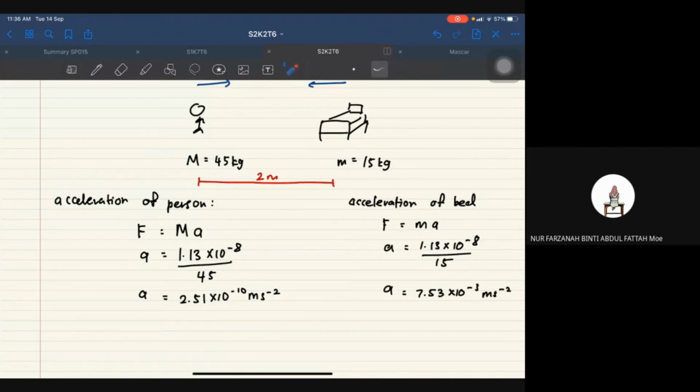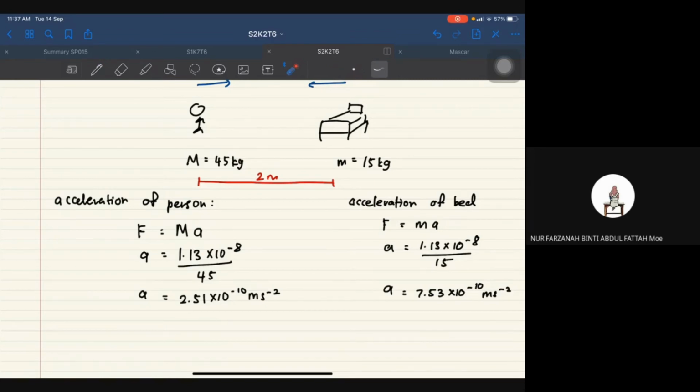So you can see here, by logic, a lighter object will have higher acceleration, right? If you apply the same force lah. But still, this is a very small number. 2.51 times 10 negative 10 and 7.53 times 10 negative 10 is a very small number lah.